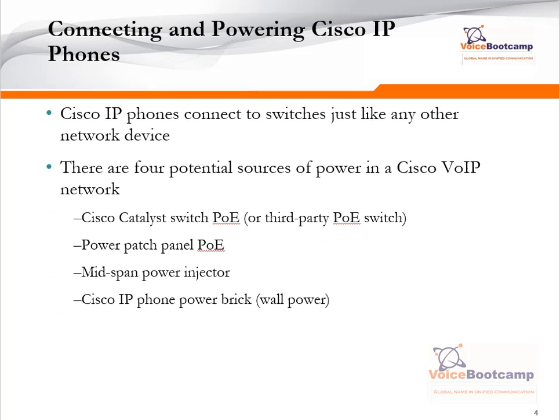Cisco IP phone, which comes in various format, various model, connects to Cisco switches just like any other network devices. Now they can connect to pretty much any switches that are standard. There are 4 potential sources of powering a Cisco IP phone. Now obviously if you have 5,000, 10,000, 20,000 phone, you need to have a proper plan of how to power up those devices.